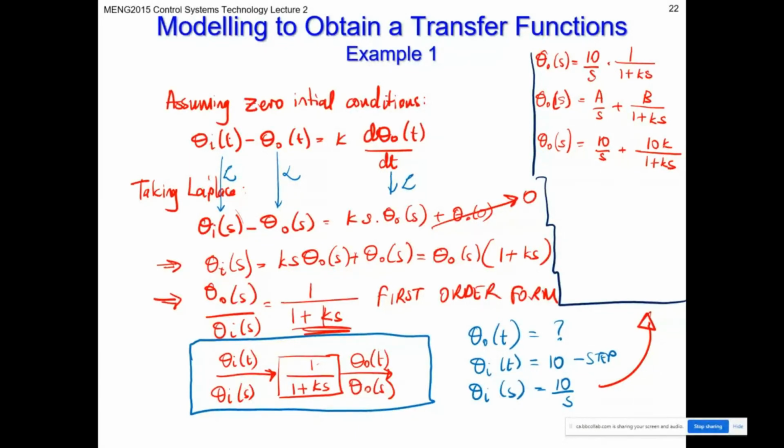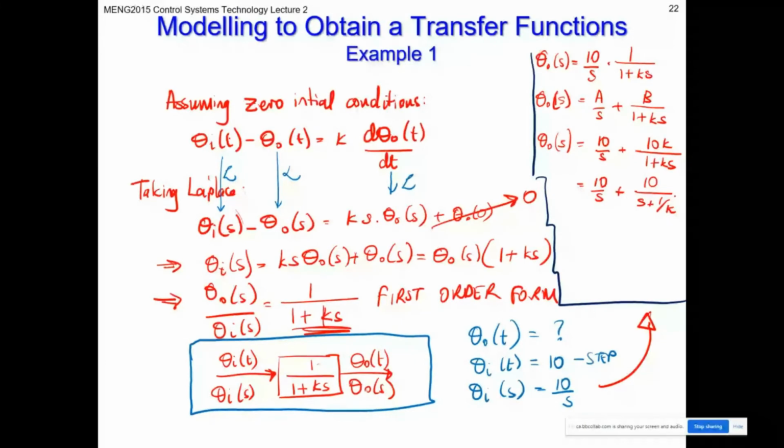Because we have a 10k on the denominator, for this term we're going to divide top and bottom by k. That's 10 over s plus 10 over s plus 1 upon k. You see why I did that?